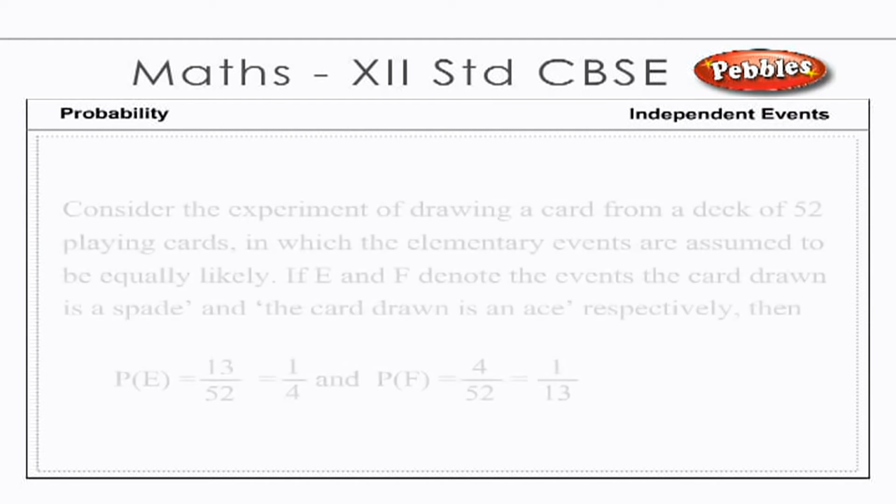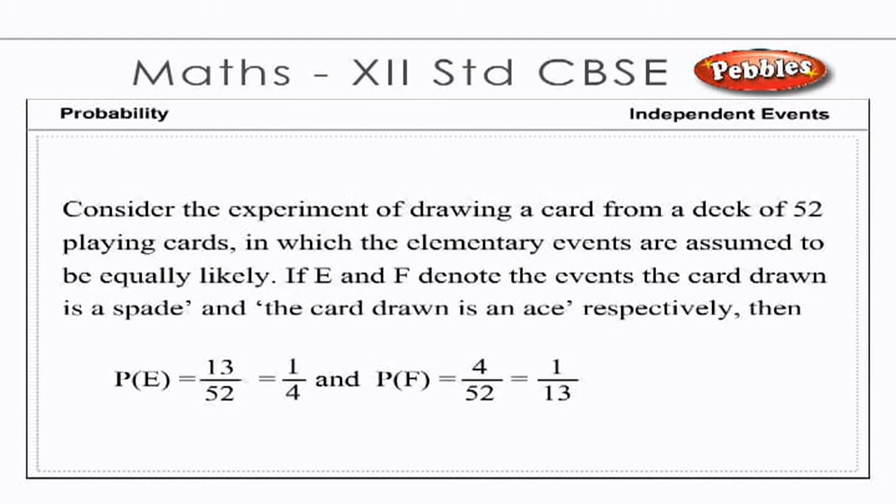Independent events. Consider the experiment of drawing a card from a deck of 52 playing cards, in which the elementary events are assumed to be equally likely.